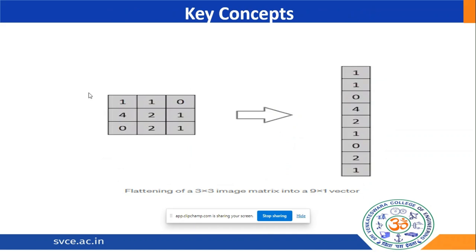So here an image is nothing but a matrix of pixel values. So why not just flatten the image as given in the figure?